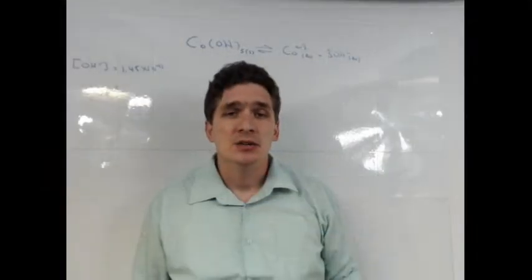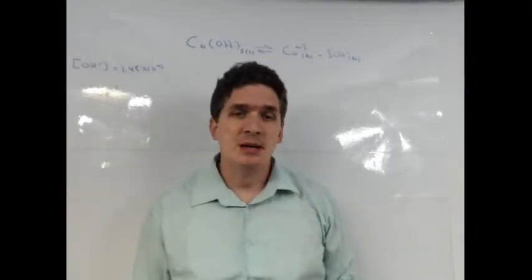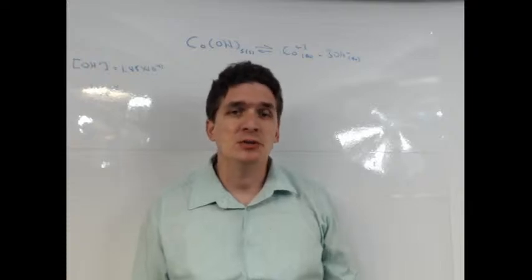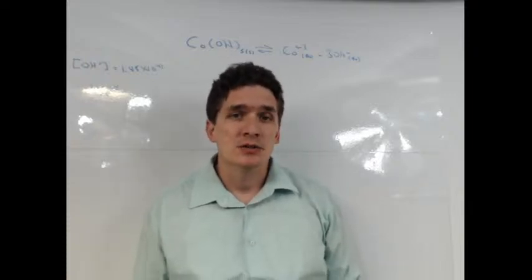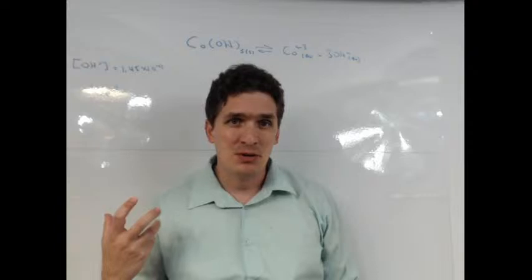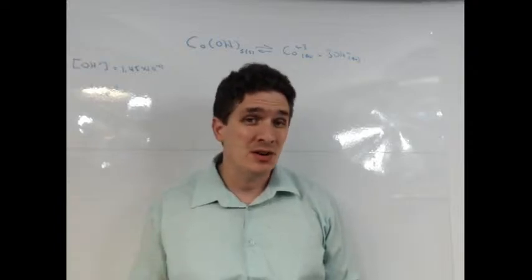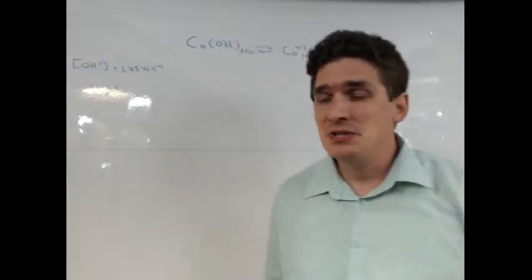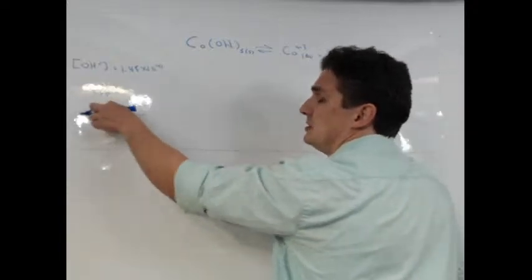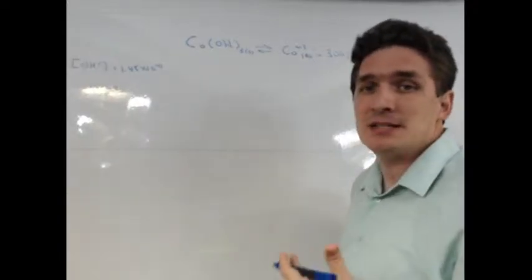As I mentioned in a previous live stream, and a lot in the videos online, you cannot do these without an IC table, you cannot do this without an expression for Q, and you cannot do this without KQ. If you try to solve these problems without that methodology, you're not going to get the right answer. So the first thing you need is KQ equals Q. KQ, the equilibrium constant in this case, is KSP.